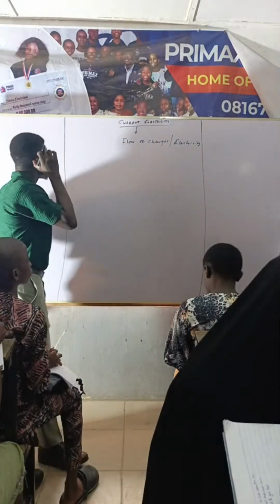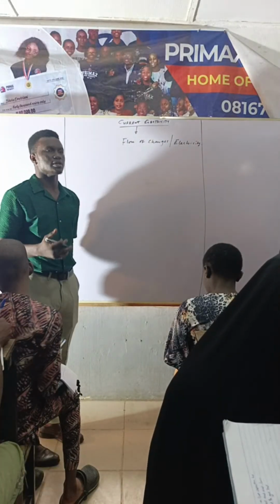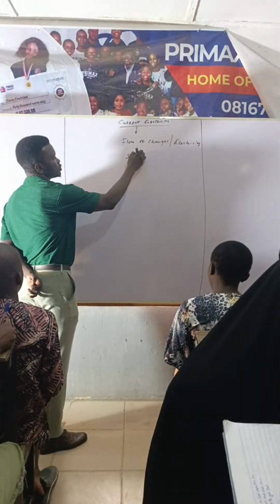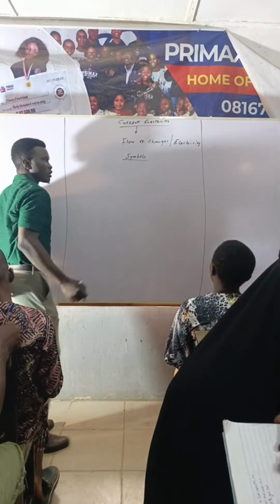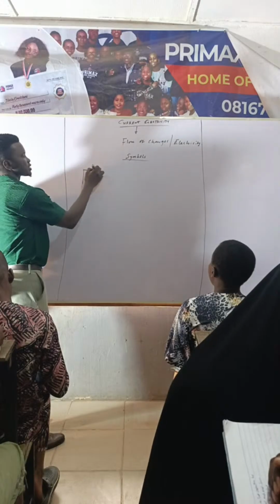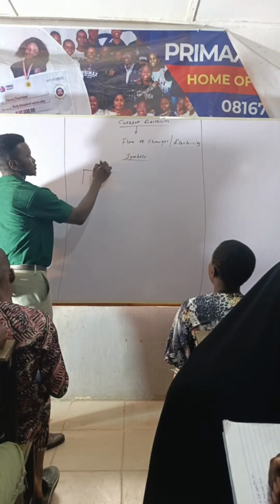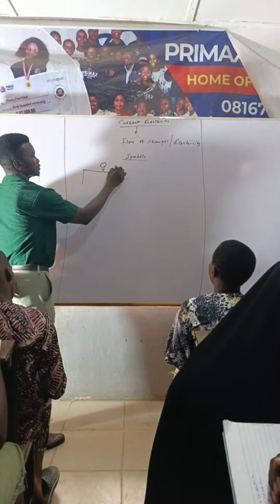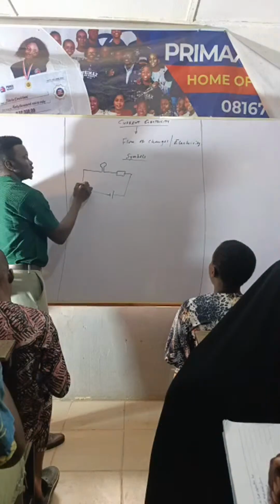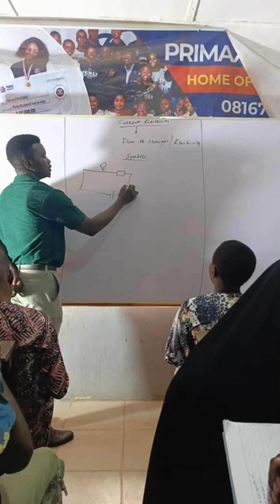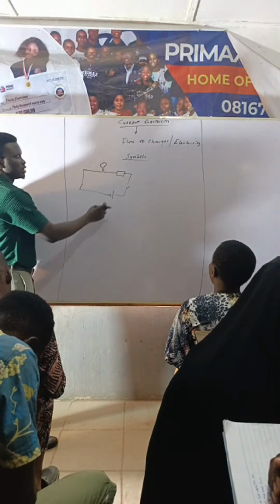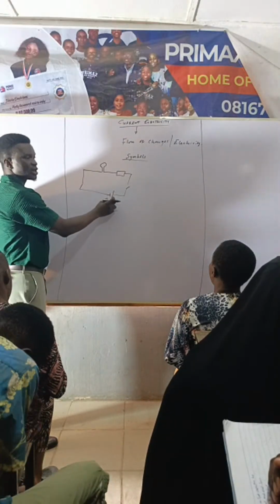Now, when you're talking about current electricity, it comes in different ways. We have symbols we use when we're talking about current electricity. Now, you remember I drew this the last time. This is a battery or a cell.